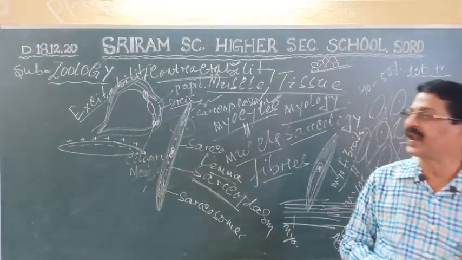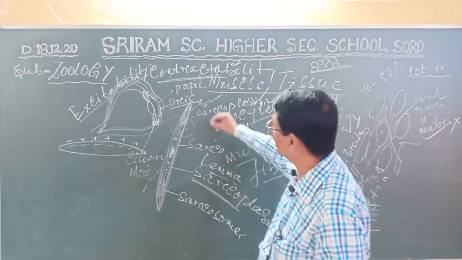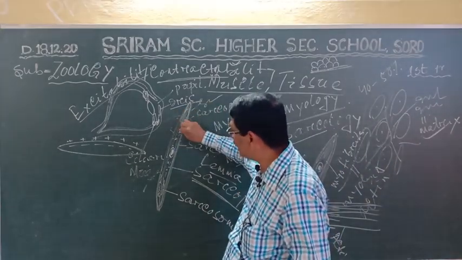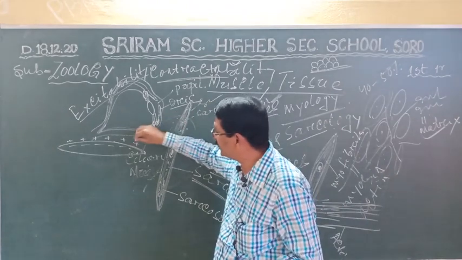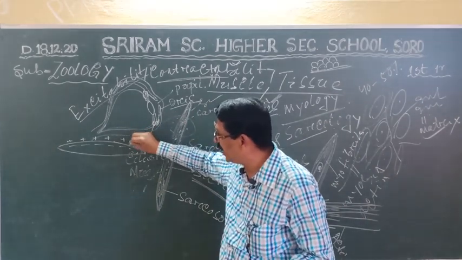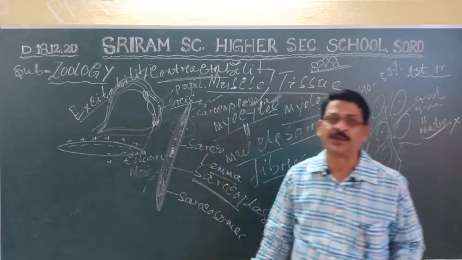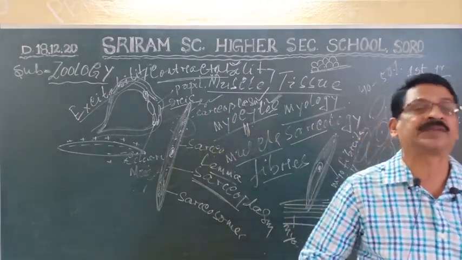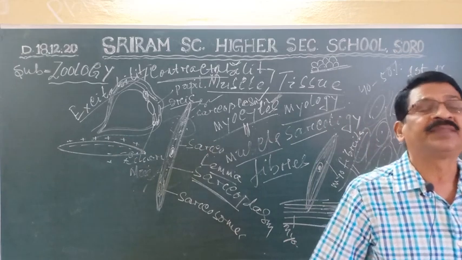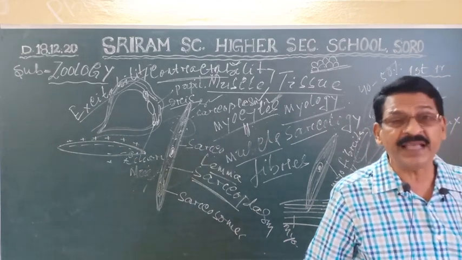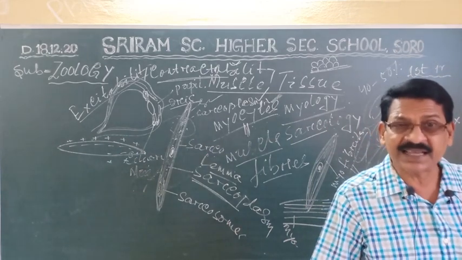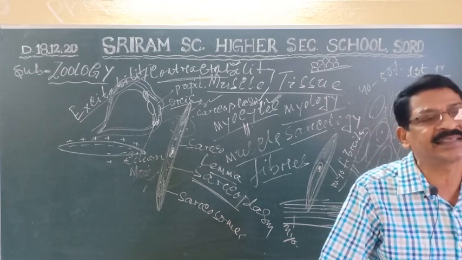That means the energy is stored in the plasma membrane due to the presence of a potential difference, that is, outside is the plus sign and inside is the minus sign. This is the potential difference of the plasma membrane, or the outer membrane of the muscle cell. For that reason the muscle cells are contracting.